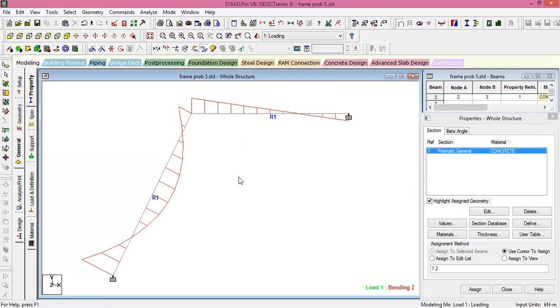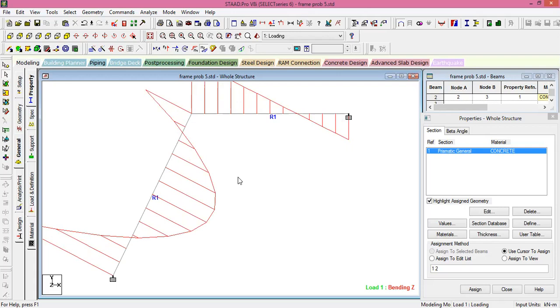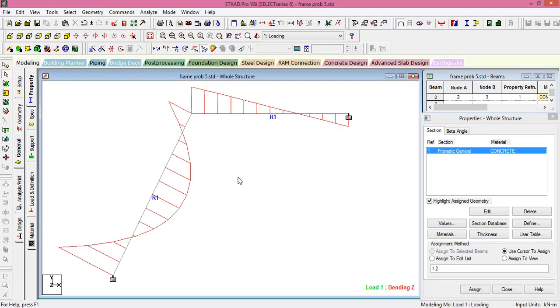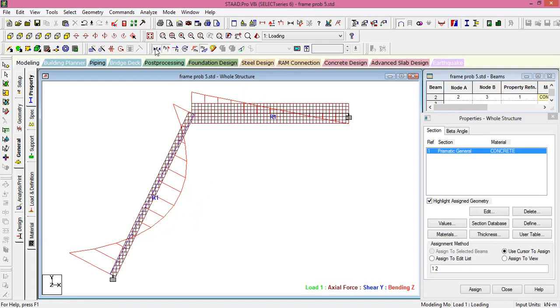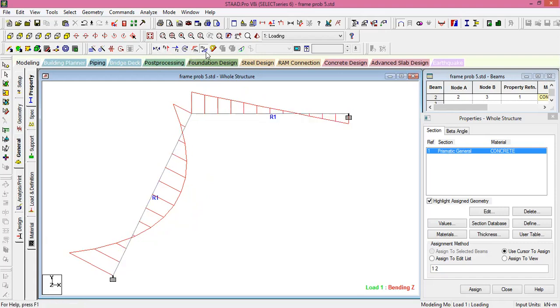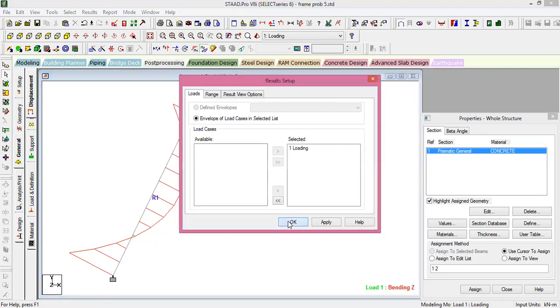You can move it forward and the scale will be increased, and if you take it backward, you can get the diagram like this. This is one way, and also you can get the shear force diagram. Okay, you can get the axial force diagram like this. So this is the moment diagram.